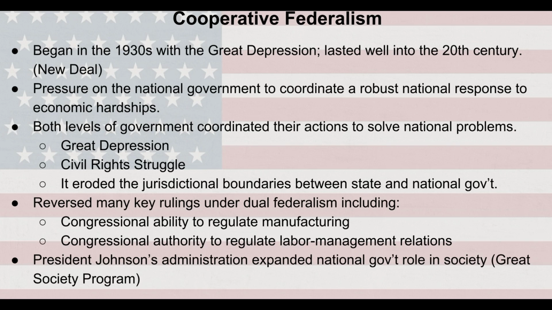And we're going to see President Johnson's administration expand the national government role in society by putting forth what is known as his Great Society program. And oftentimes when we talk about Lyndon Johnson's administration, we focus more on Vietnam and the foreign issues associated with his administration.